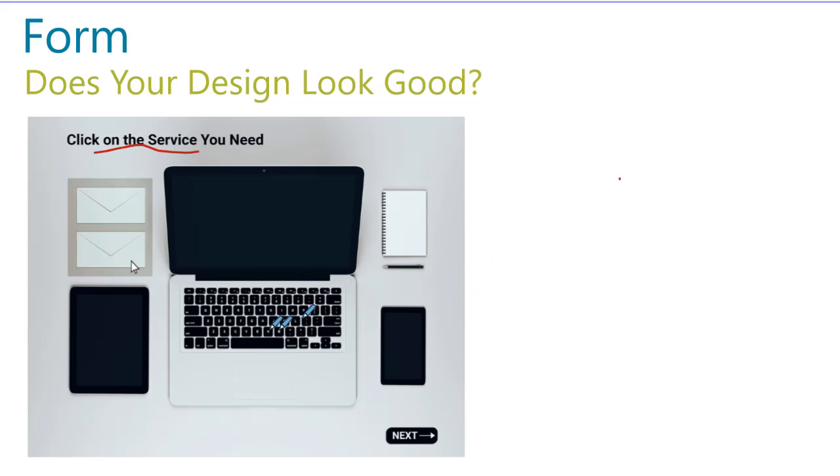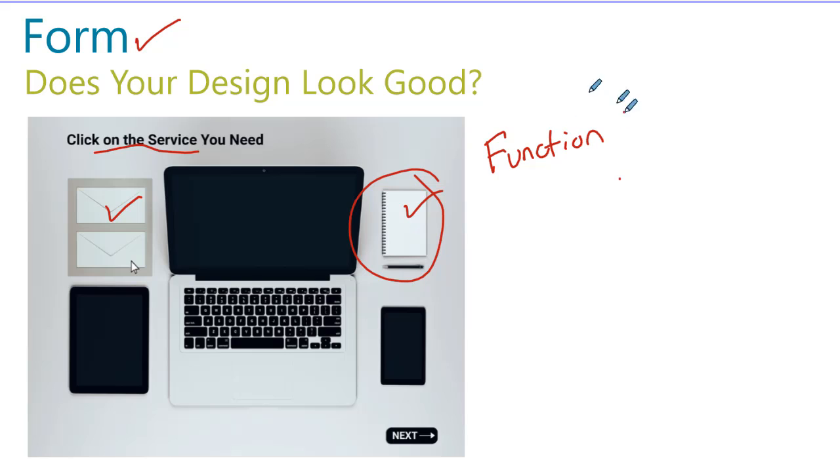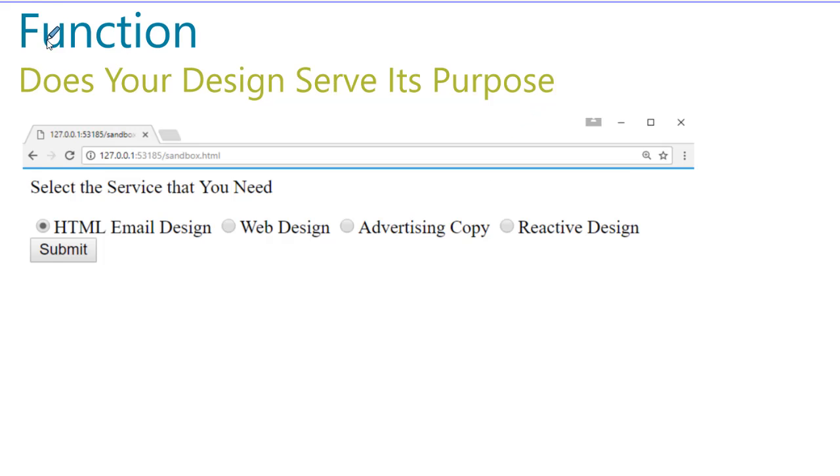I don't even know what this notebook is for. What service am I signing up for if I click on that? Or what service am I signing up for if I click on these envelopes, right? So it does have very good form, but it lacks in function. So let me just write the word here, function. It has no function. It's not serving its purpose as a form.